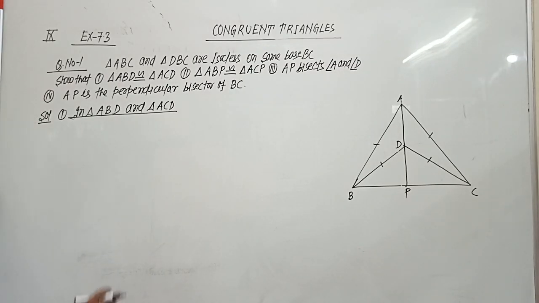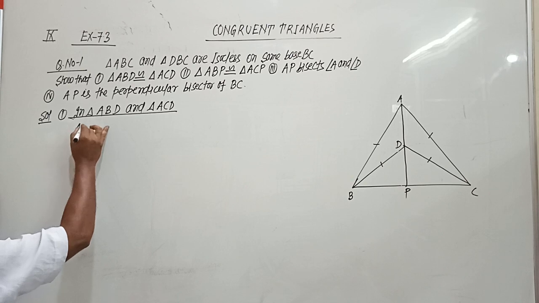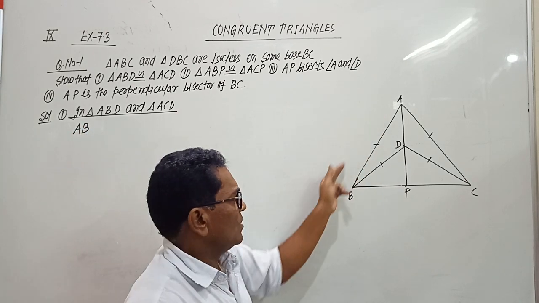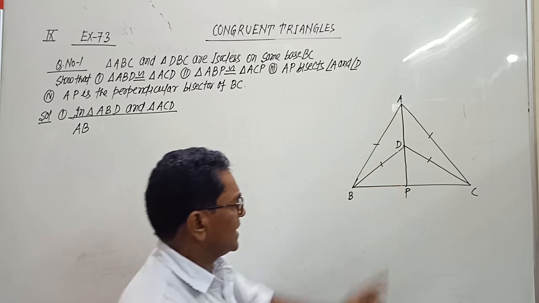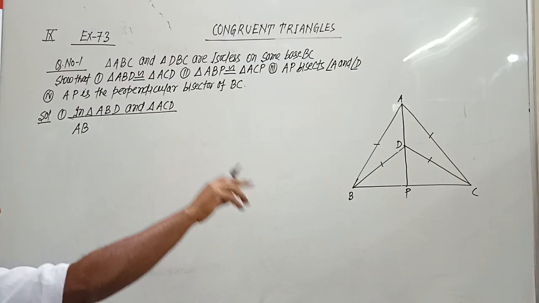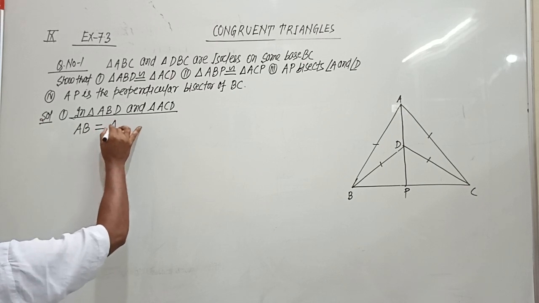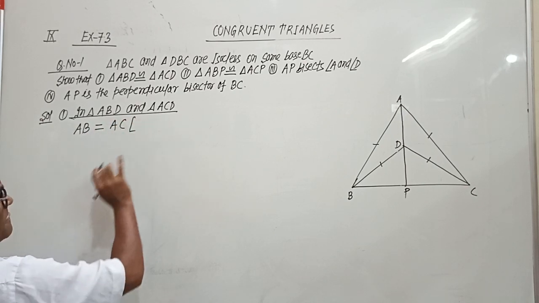So side AB of triangle ABD and side AC of triangle ACD, AB equals AC, given.